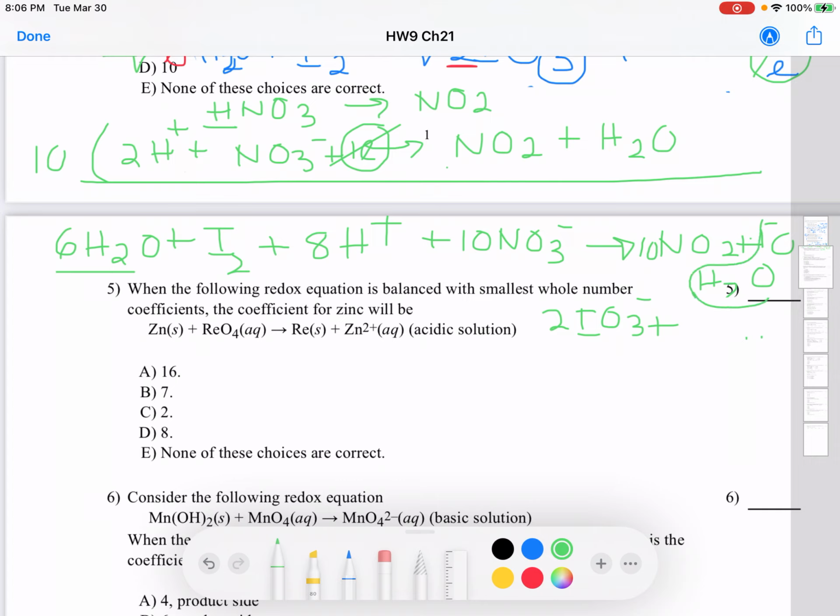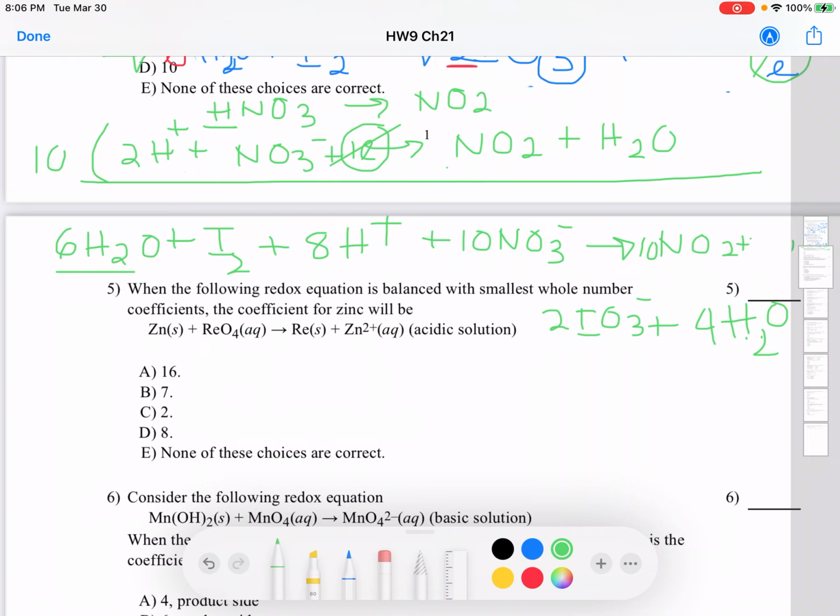So 6 water, 10 water molecules. We can make that 4 water molecules. Four water molecules, right? And now it's a balanced equation.